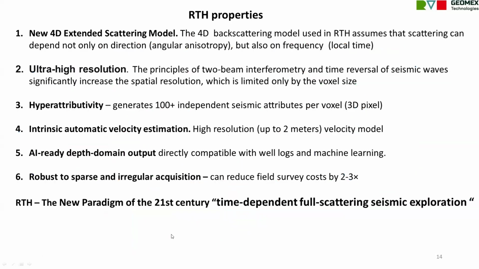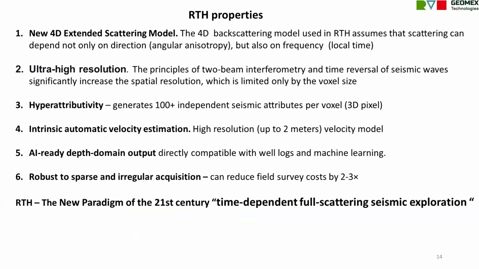And the last part, some conclusions of the introduction. First, RTH properties: a new 4D extended scattering model. The 4D backscattering model used in RTH assumes that scattering can depend not only on direction, angular anisotropy, but also on the frequency or local time.